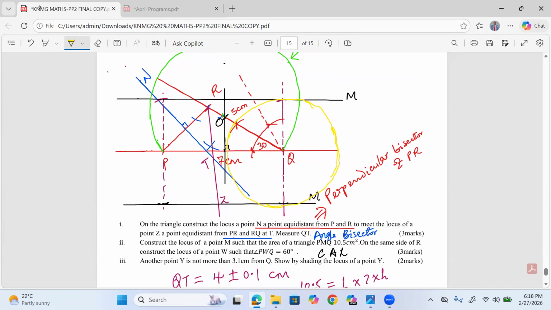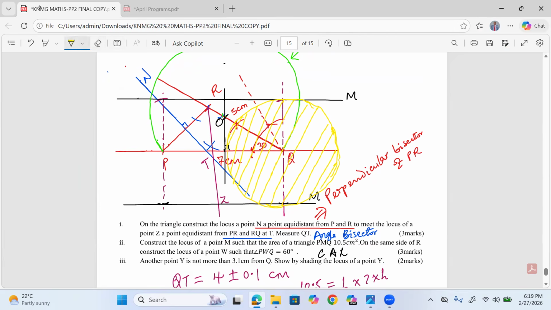So it should be 3.1 and below. That means on the inner side now, we have Y. So Y is shaded inside the circle now. Guided by the circle, we now shade like this, that way.